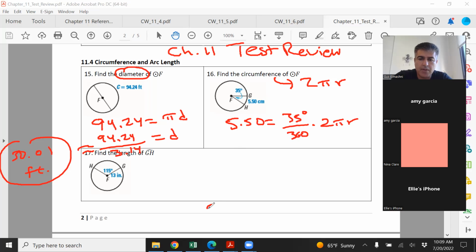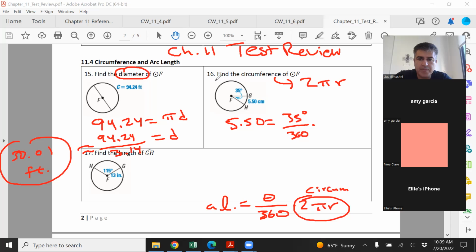Remember, that's the formula, right? Arc length. And that right there is the circumference. So I probably don't even need to write 2 pi r. I can just call it capital C and solve for capital C.